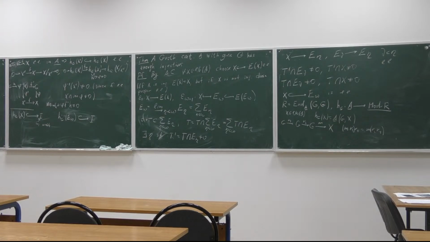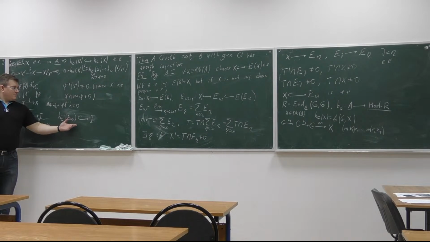Oh, this is using that for any ordinal we have essential extension. This functor preserves essential extensions, and we also use that proposition from the end of the last lecture that if you have essential extension embedding into injective, you can extend this and still get an embedding. But that's a contradiction, right? If you have this infinite chain that works for any ordinal, this contradicts this embedding by cardinality reasons.